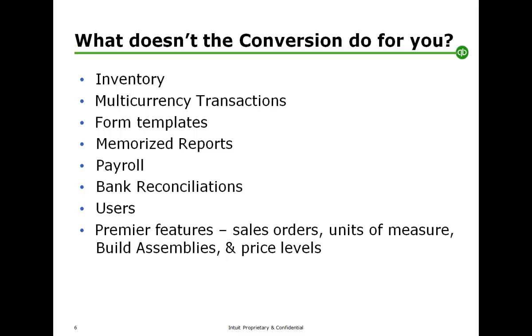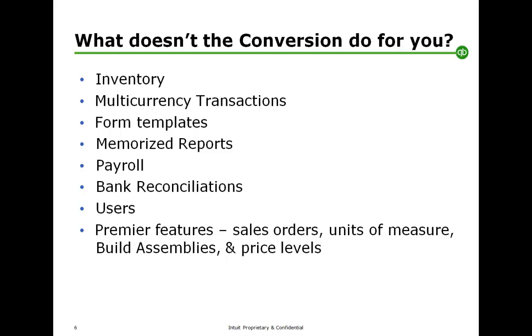Now, you might wonder what the conversion won't do for you. You'll see that there's a number of things that it doesn't do. However, a number of explanations are needed to better explain what QuickBooks is doing for you during the conversion process. Number one, inventory. QuickBooks Online does inventory. However, it does not convert the desktop inventory into QuickBooks Online.